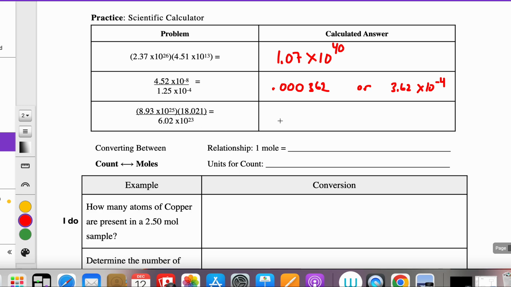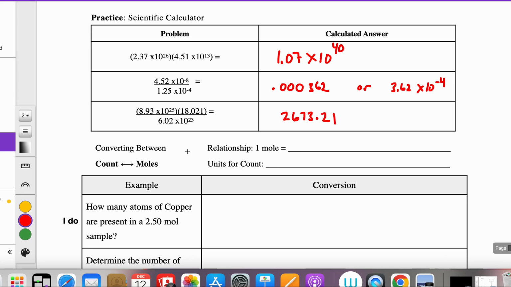So on your calculator, if you get an answer of 2,673.21, then you have put this math in your calculator correctly. So try these calculations, check your answers against these to make sure you're using your calculator correctly.